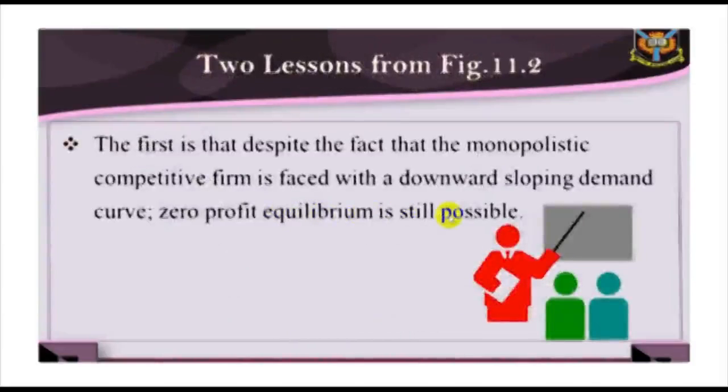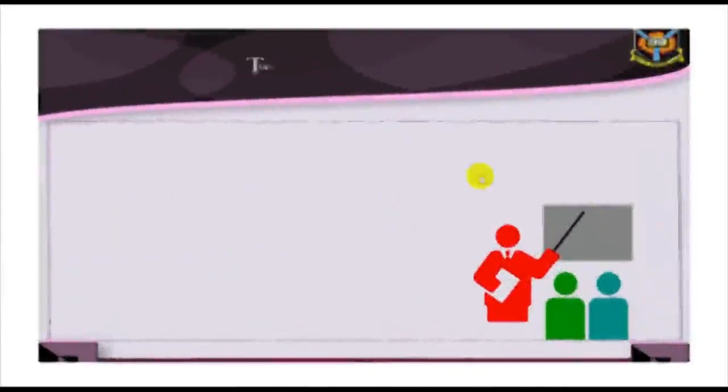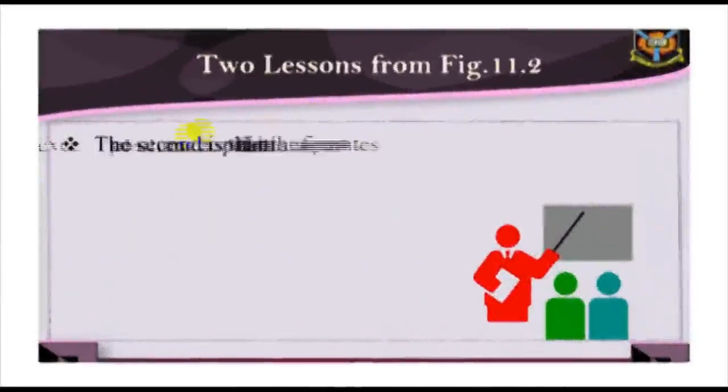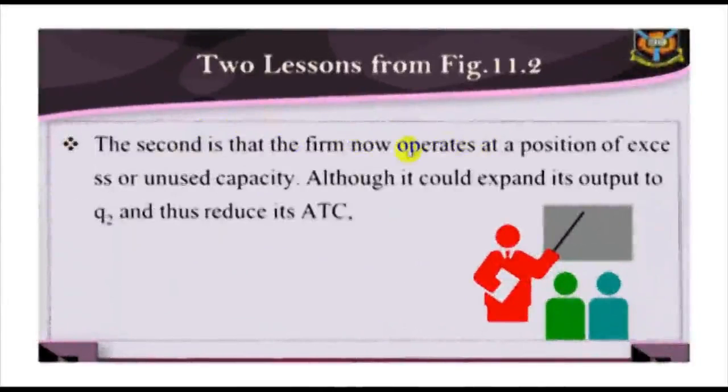Two major lessons are derived from this equilibrium position. The first is that despite the fact that the monopolistic competitive firm is faced with a downward sloping demand curve, zero profit equilibrium is still possible. The second lesson is that the firm now operates at a point of excess or unused capacity.